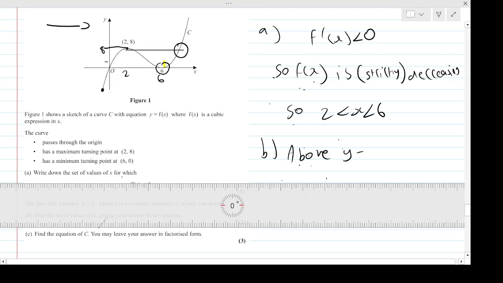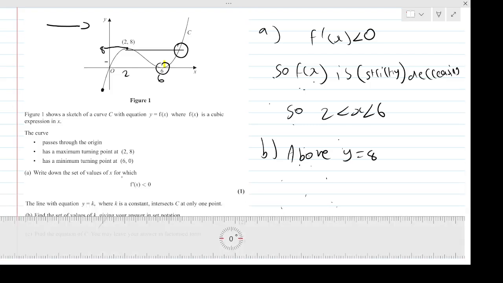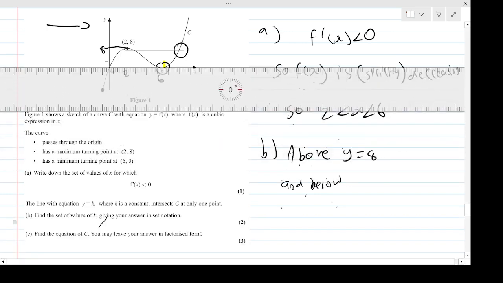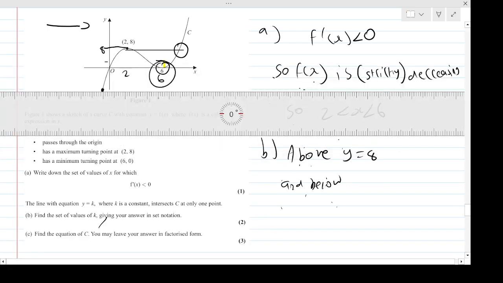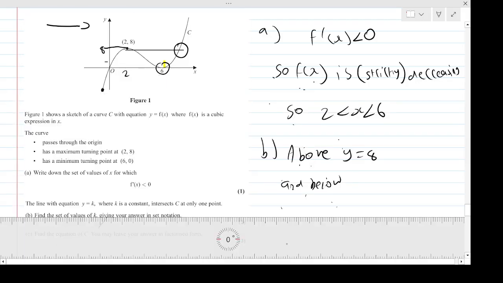So above y is equal to 8, and below, well, it's going to be the x-axis, right? That's where the point 6 is, right? So x is 6, so it's below the x-axis, sorry. So it's below y is equal to 0.